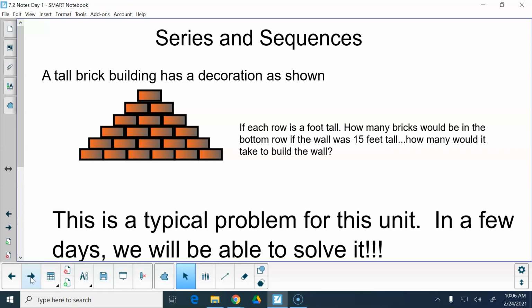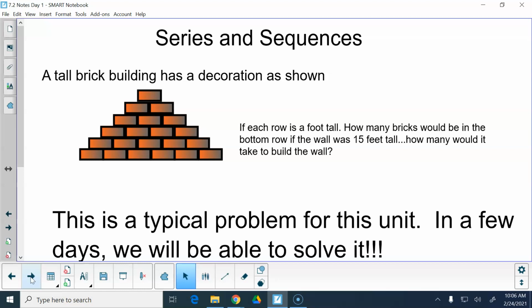A tall brick building has a decoration as shown. If each row is a foot tall, how many bricks will be in the bottom row if the wall was 15 feet tall? And how many bricks would it take to build the wall? Those are both applicable real-world type of questions that can be answered after this section.